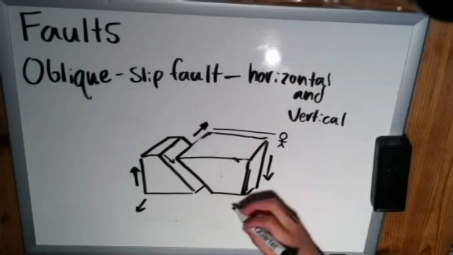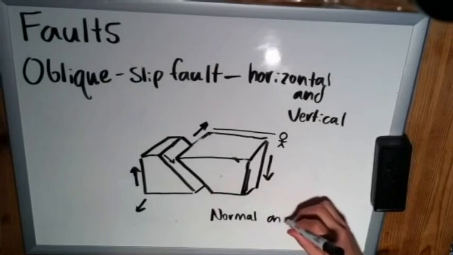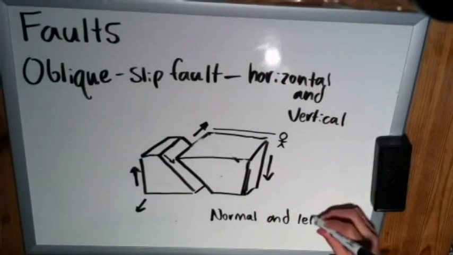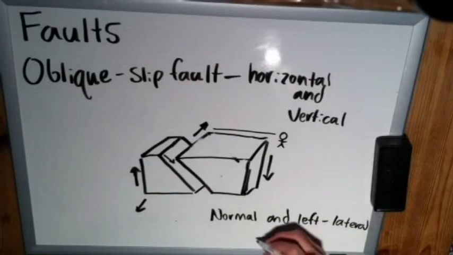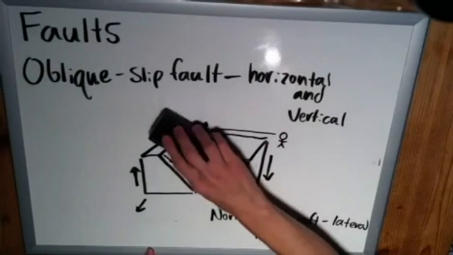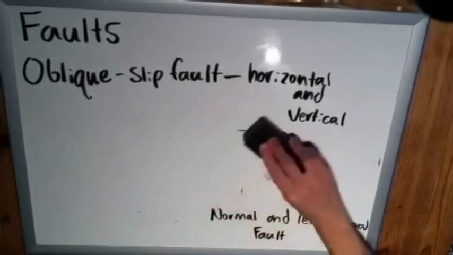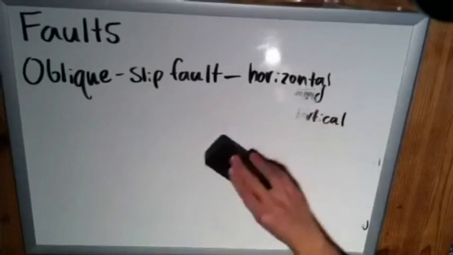So we can say that it has components of both a normal and left lateral fault. And that's all there is to oblique slip faults. Well, actually there are actual components that you can study, such as the dip, the thrust, the throw, other components that are more numerical than this, but that's a topic for another day. We don't want to get too mathy in this basic introduction video.